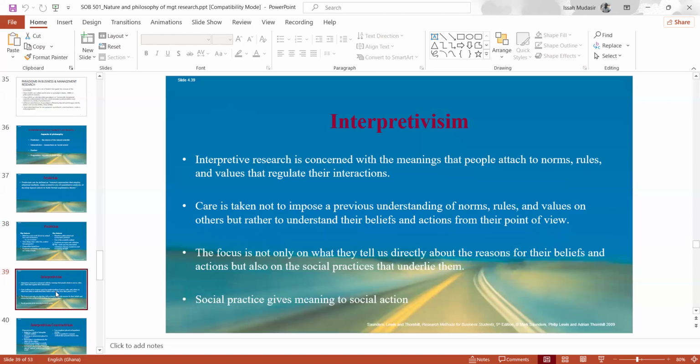Reality is socially constructed. So we say that interpretive research is concerned with the meanings that people attach to norms, to rules, and to values that regulate their interactions. So the shared beliefs, the shared norms are what will regulate what happens.